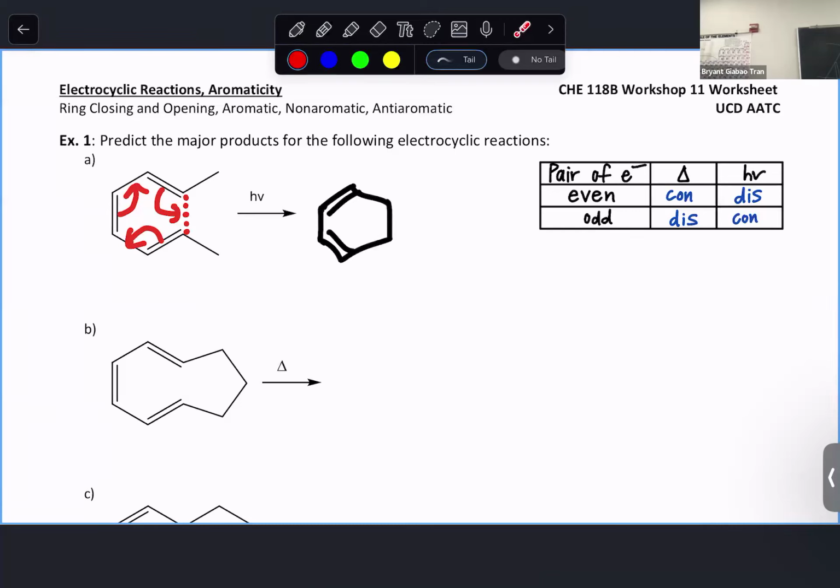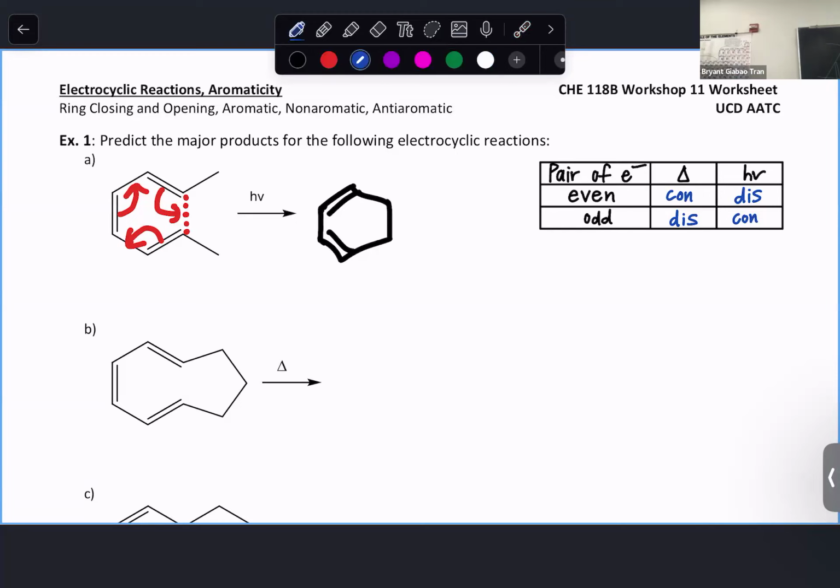Right. So here is the thumb rule. How many pairs of electrons are participating in this reaction here? Yep, 6 electrons or 3 pairs of electrons, right? 1, 2, 3 pairs, which is an odd pair.